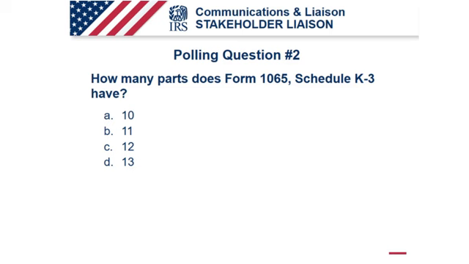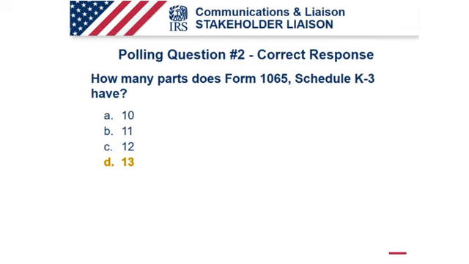So take a moment and click the radio button that best answers the statement. And I'll just give everyone a few more seconds to make your selection. Okay, let's stop the polling now, and I'll share the correct answer on the next slide.